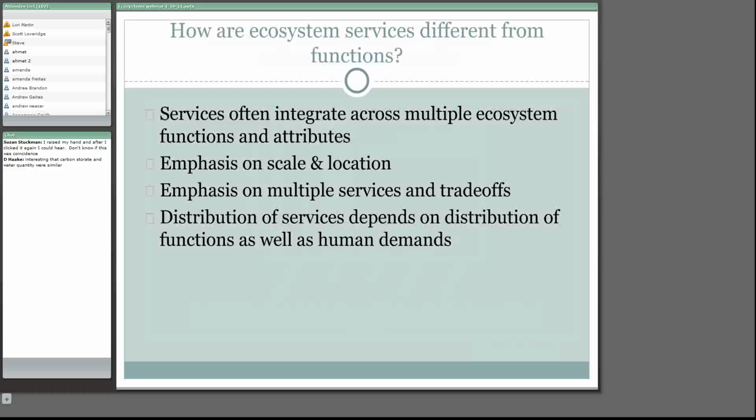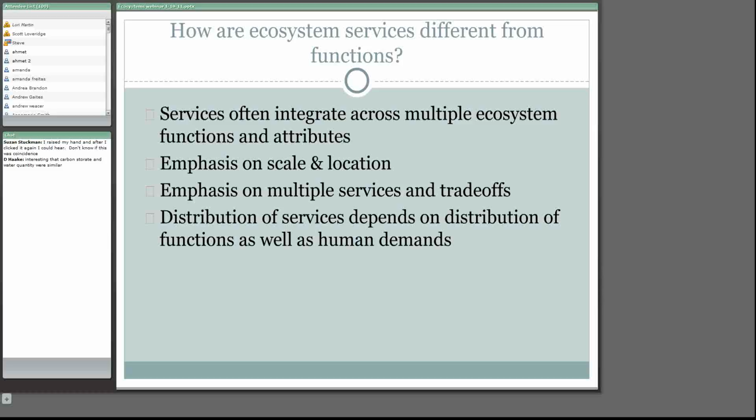How are ecosystem services different from functions? This is an important concept because services are integrated across multiple ecosystem functions and attributes, and there's an emphasis on scale and location, and on multiple services and trade-offs, which is different compared to functions.